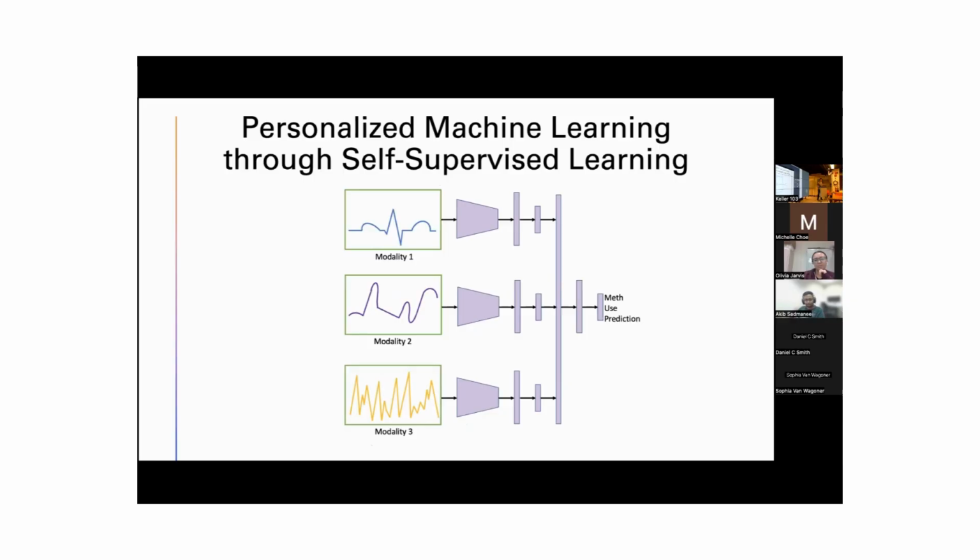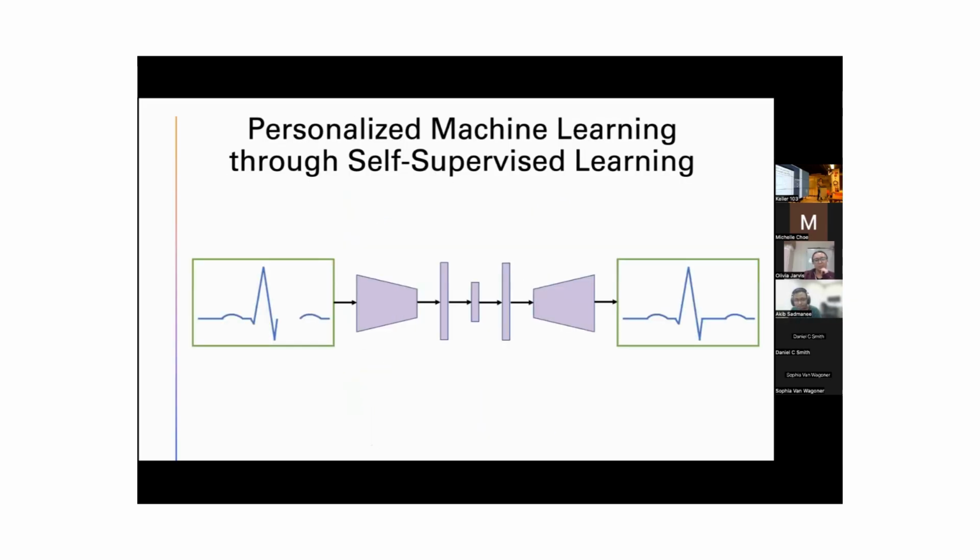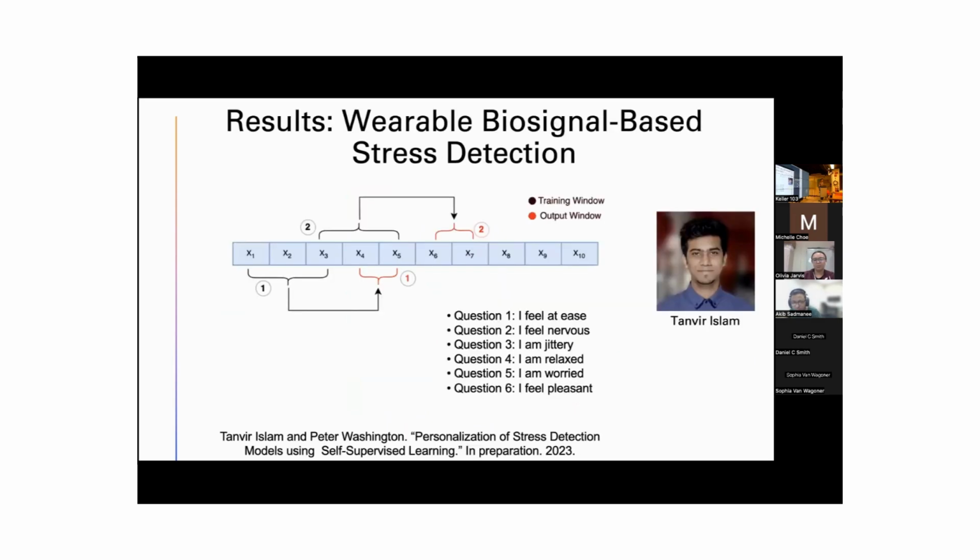And so a lot of my focus now is in these different ways of training neural networks to predict things about the underlying signal, and then transfer learning onto what are traditionally complex tasks, but are now feasible due to this combination of self-supervised learning on a giant data set from that one person, and then fine-tuning on a few labels from that person. And so we have a few students who have worked on this.